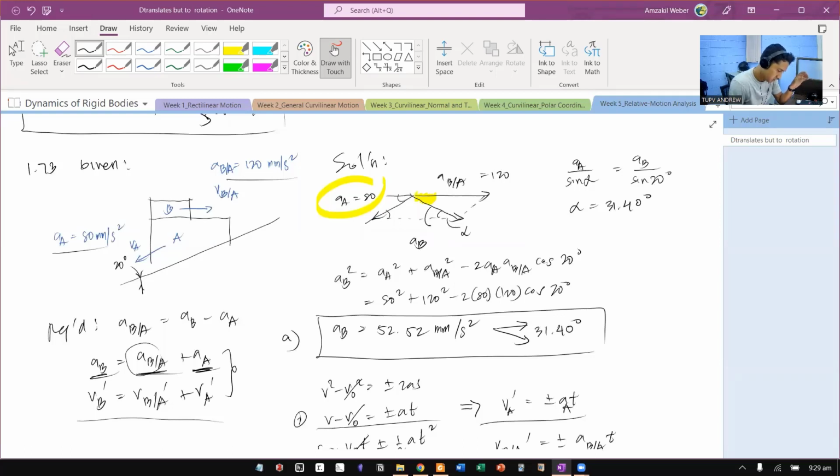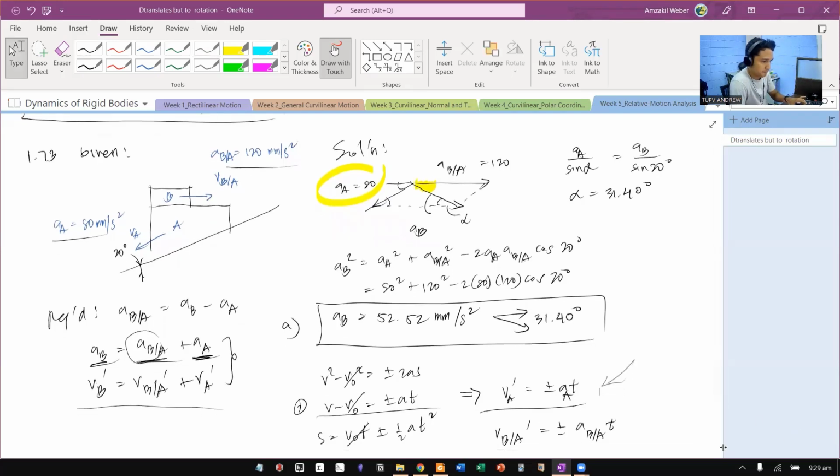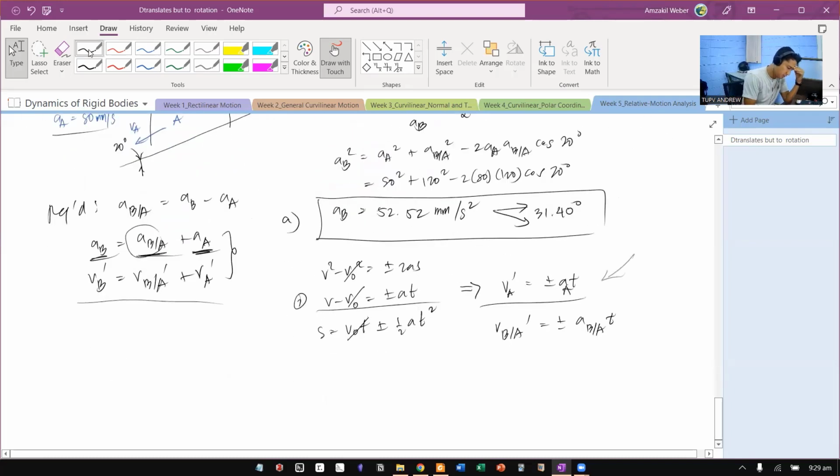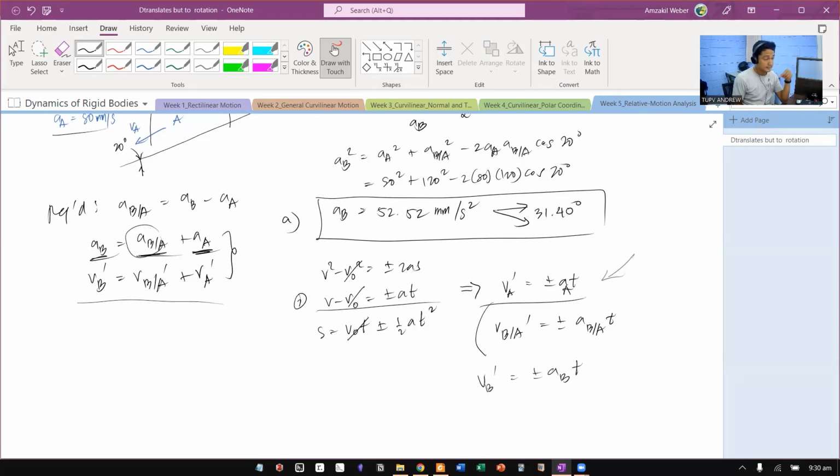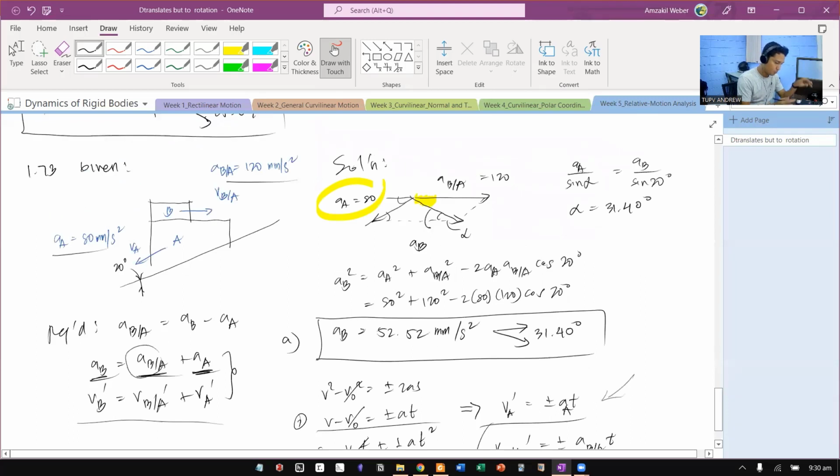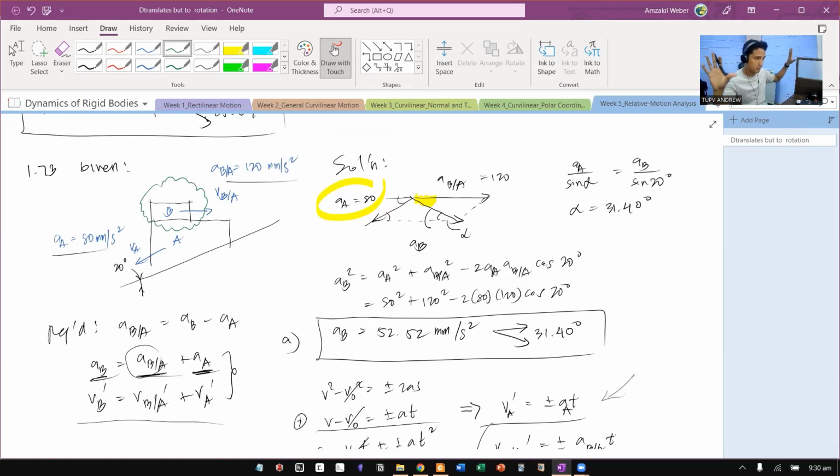We can just call it AB, then the final velocity of B is plus or minus AB T. So this is the final velocity of B if you focus only on B. Don't think of the outside of the frame.